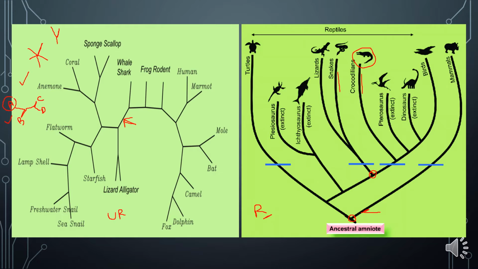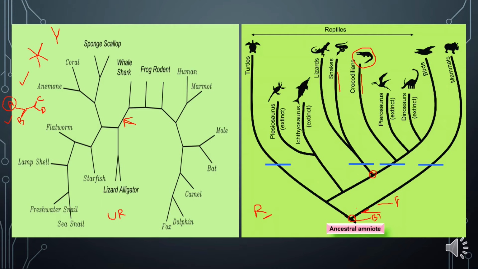For example, crocodilians are terminal nodes. The terminal nodes are also called the leaf organisms, the leaf nodes. And this one, the common ancestor, is the basal taxon.